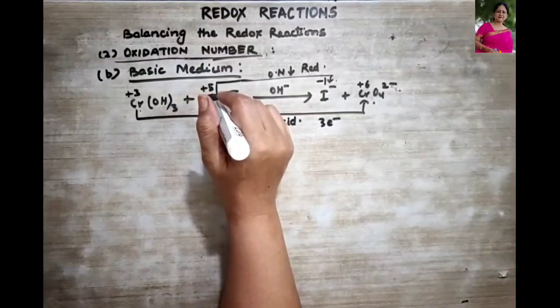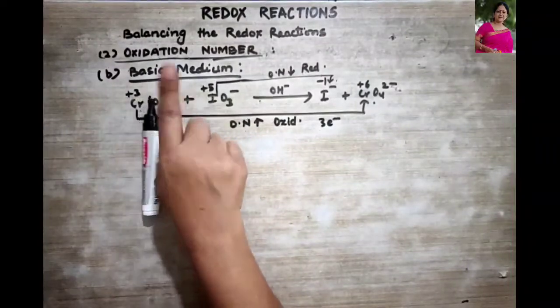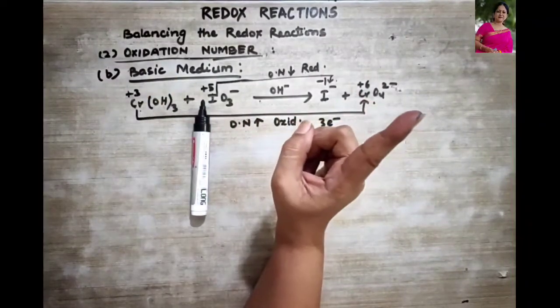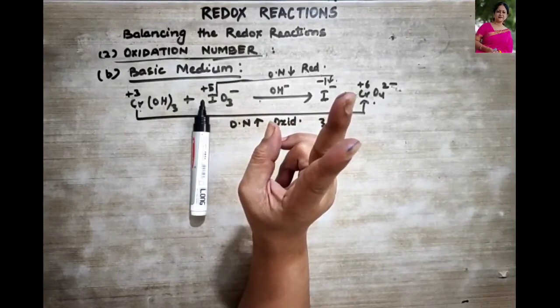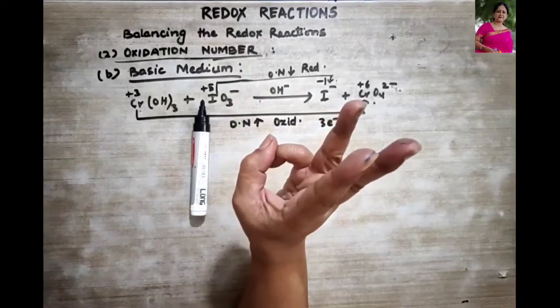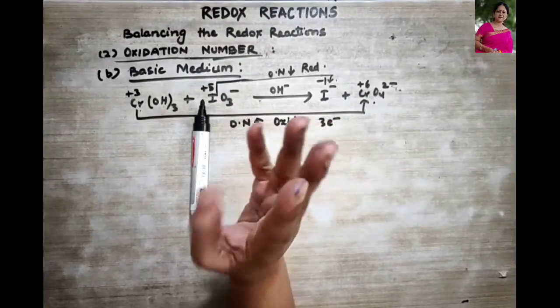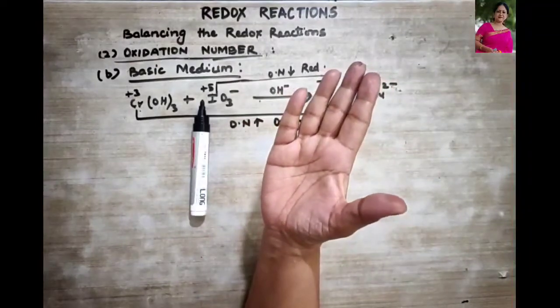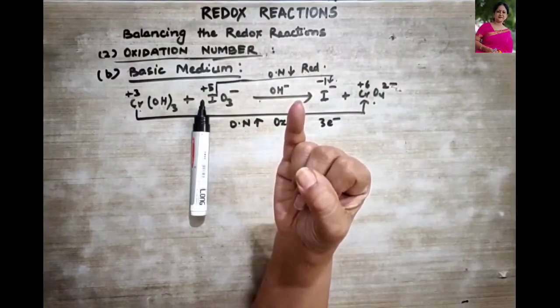Again I repeat how. Plus 5 will accept one electron to become plus 4. Plus 4, 1 electron accepted, plus 3. 1 more electron accepted, plus 2. 1 more electron accepted, plus 1. 1 more electron accepted, 0. 1 more electron accepted, minus 1.